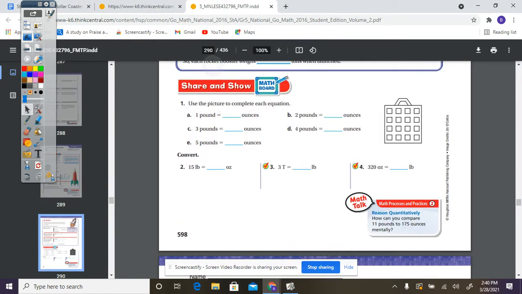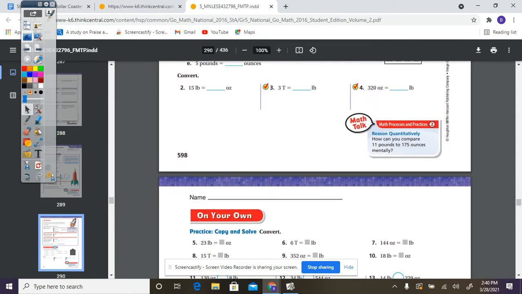So we're going to scroll down, and let's look at number 2. I'm looking at the bottom of 598. Just like the last videos, we have the same thing going on. Big to small, multiply, small to big, divide.